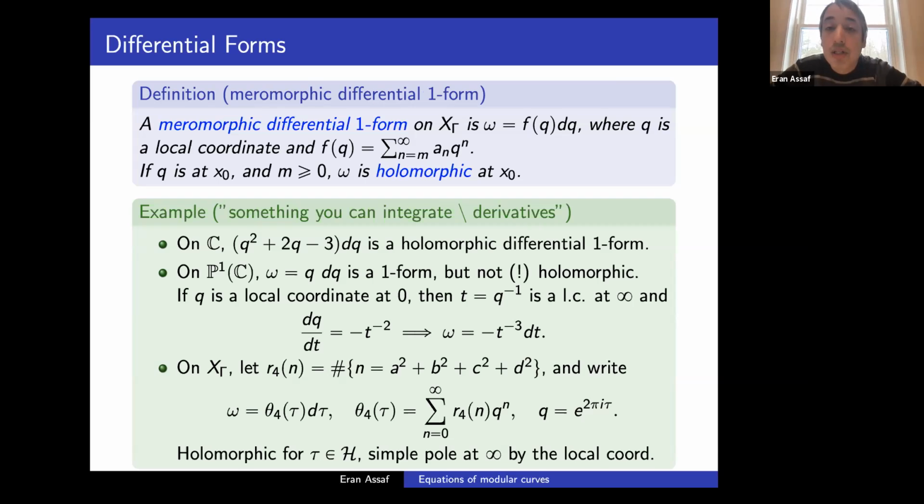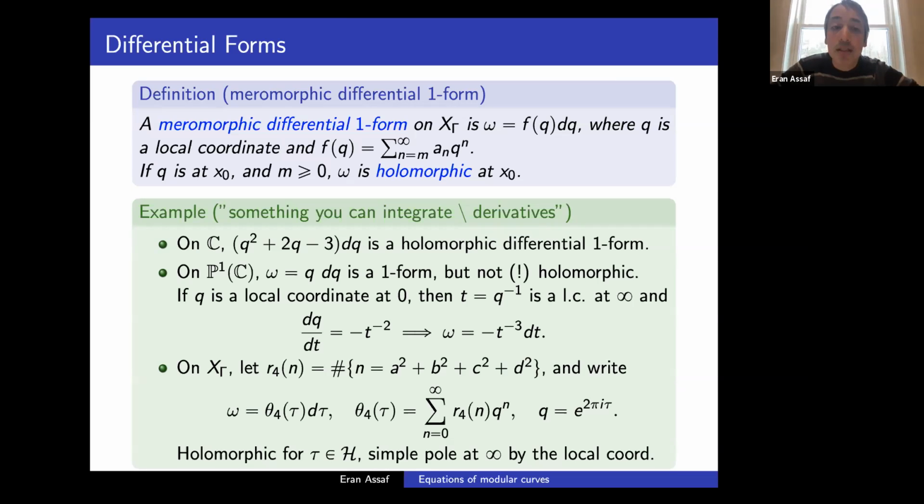So what is a differential form? A meromorphic differential form on a curve is simply something that you can integrate. It's something that locally looks like f(q) dq, where q is a local coordinate, and f(q) is some Laurent series.